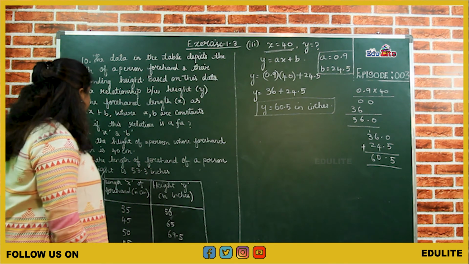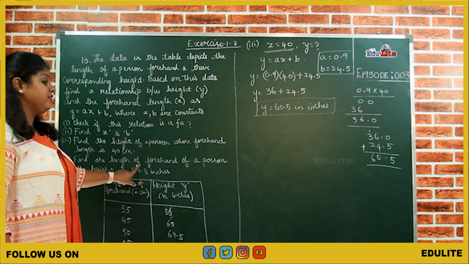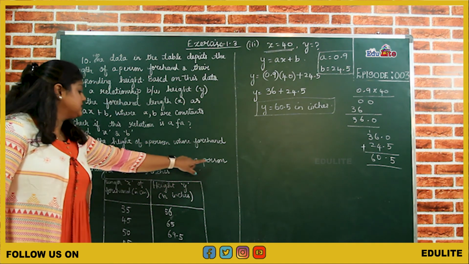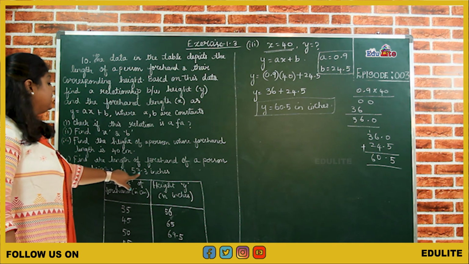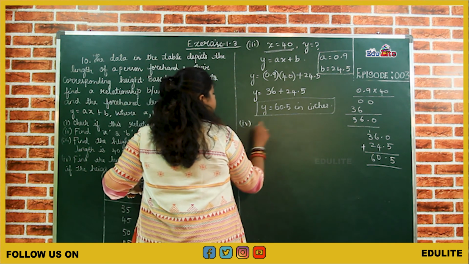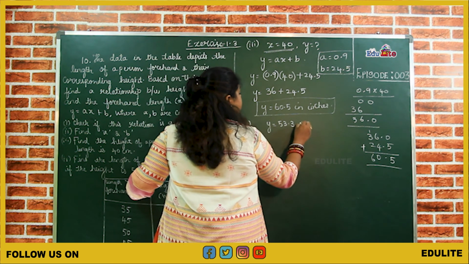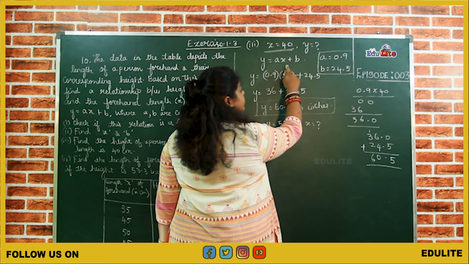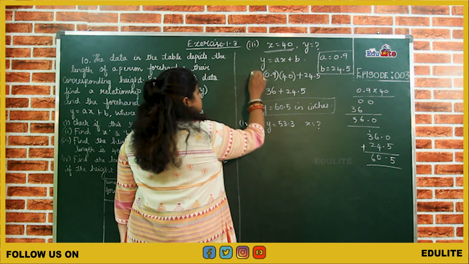Next, the fourth subdivision: find the length of the forehand. Length of forehand means we have to find the value of x of a person when the height is given as 53.3 inches. We are given the y value as 53.3 inches and we need to find the value of x using the same relation y equals ax plus b, with the values of a and b as found.